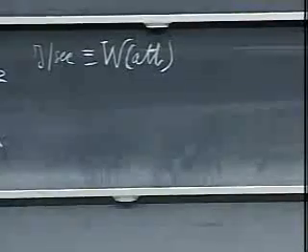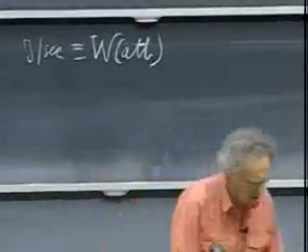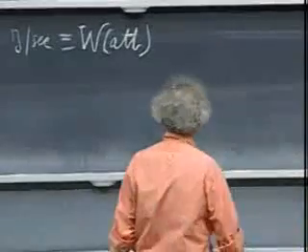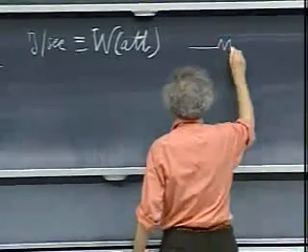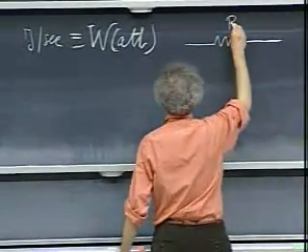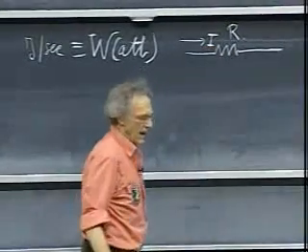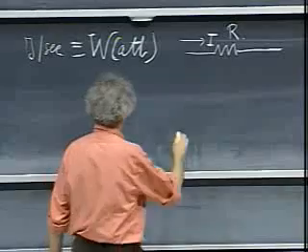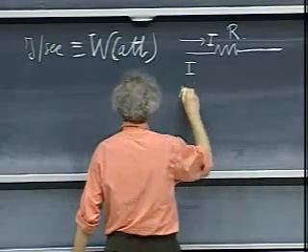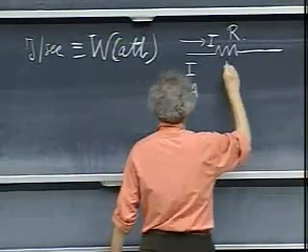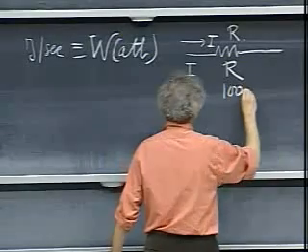So suppose we have a resistance R, and we run a current I through it. Let us take an example that the current I is 1 ampere, and that the resistance is 100 ohms.